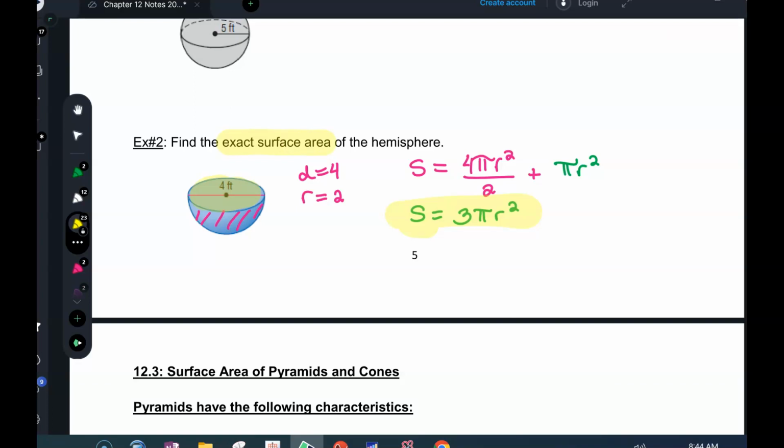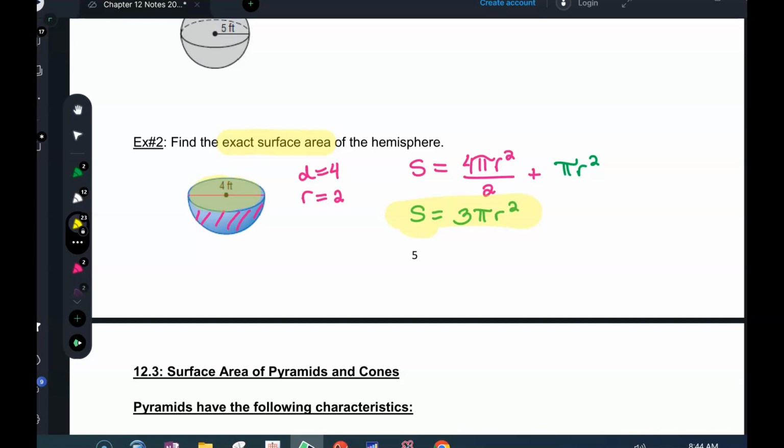Again, we're considering a bowl with a lid on top. What shape is the lid of a bowl? A circle. That's why we're adding pi r squared: we're finding the outside and the lid of the bowl.